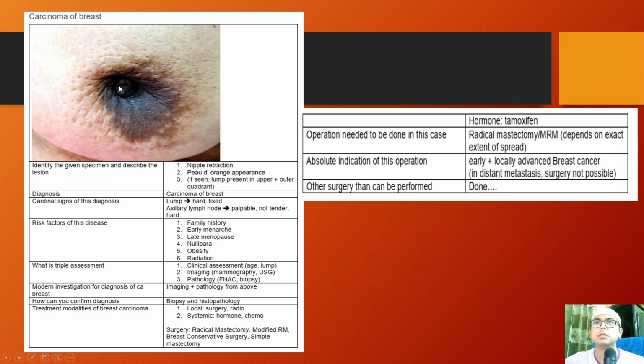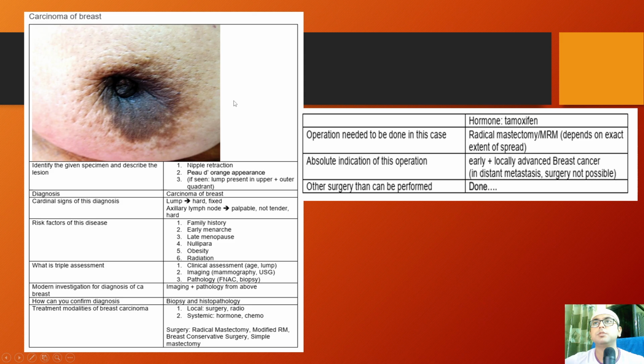So you can assume that there is a lump under the retracted area, and this peau d'orange can happen due to lymphatic obstruction. So this is carcinoma breast, and on examination you can see a hard lump, fixed irregular swelling under the nipple.